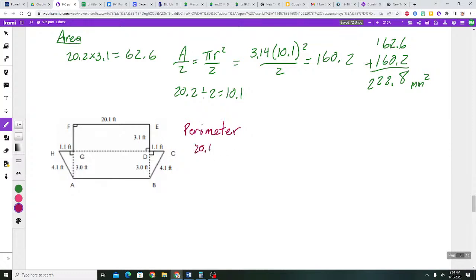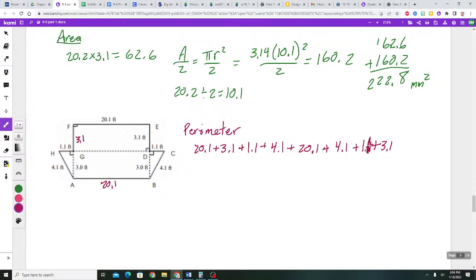So we got 20.1 plus 3.1 plus 1.1 plus 4.1 plus 20.1 again. This has to be 20.1. Plus 4.1 plus 1.1. Over here is 3.1 again, 3.1, and then we're back to the 20.1.